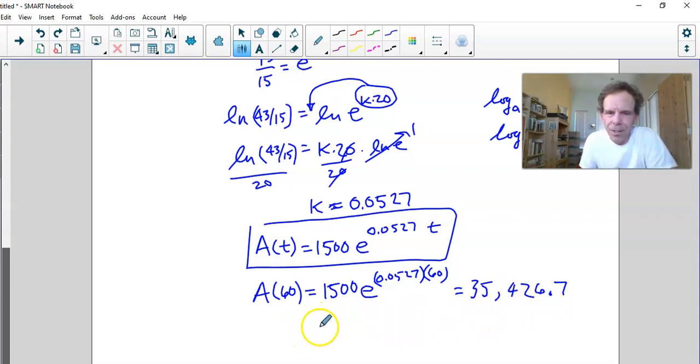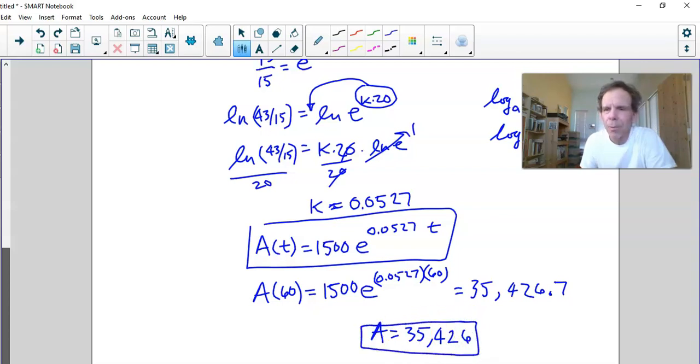All right, so the amount is going to be 35,426. And that's an approximation. We approximated k. We probably should be approximating this a little bit more, say 35,400 or something along those lines. But this will be good enough for us.